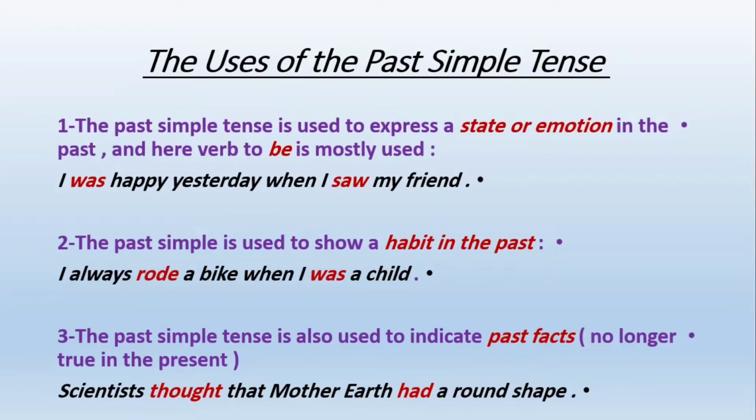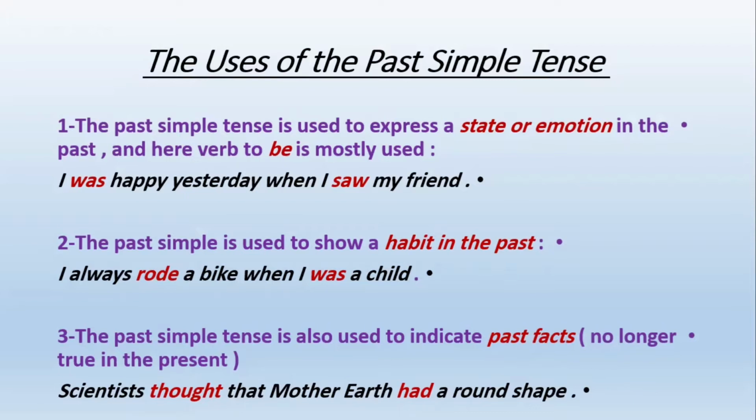Thought is the past form of the verb think, and had is the past form of the verb have. This sentence means scientists do not think that now, and Mother Earth does not have a round shape, rather it has an oval shape.